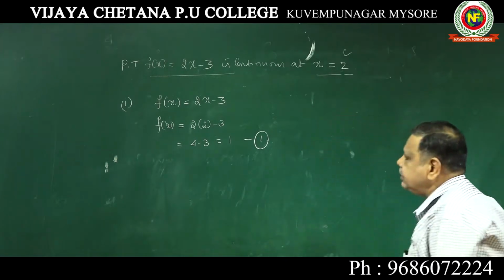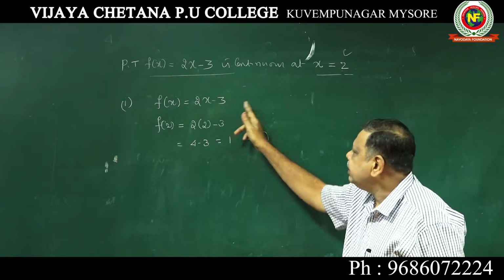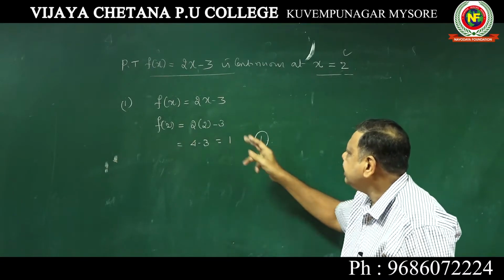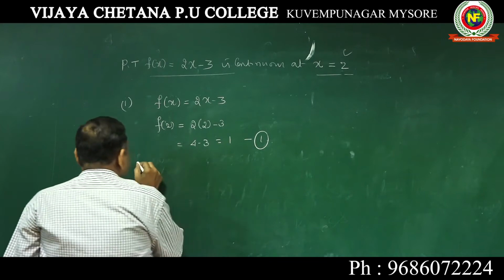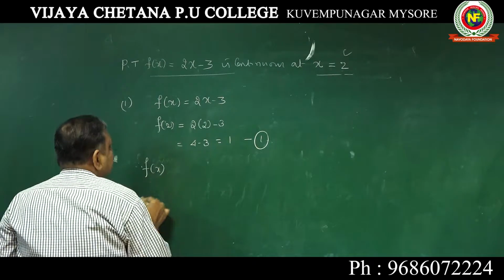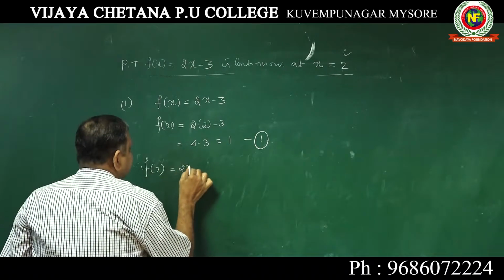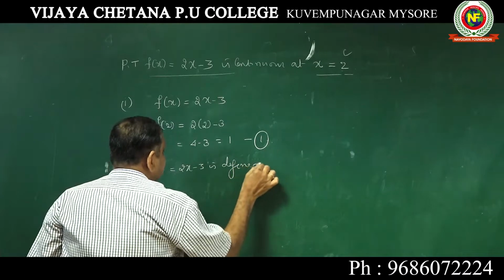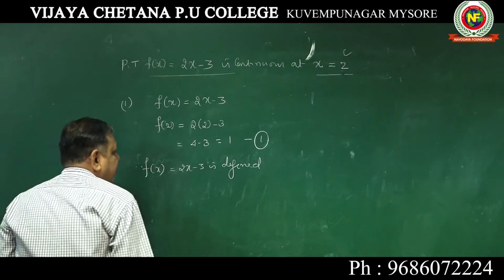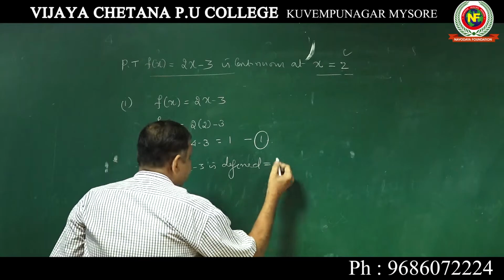So f of 2 is 2 into 2 minus 3, which is 1. Now you can say f of x equal to 2x minus 3 is defined or exists, and it is equal to 1.